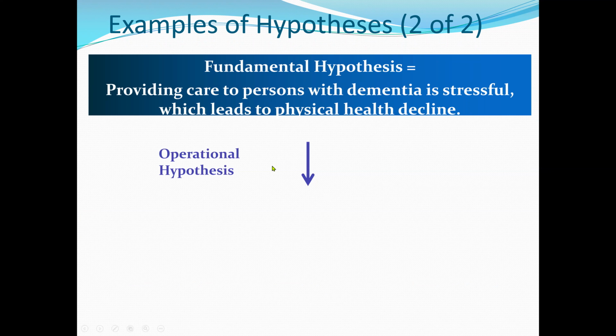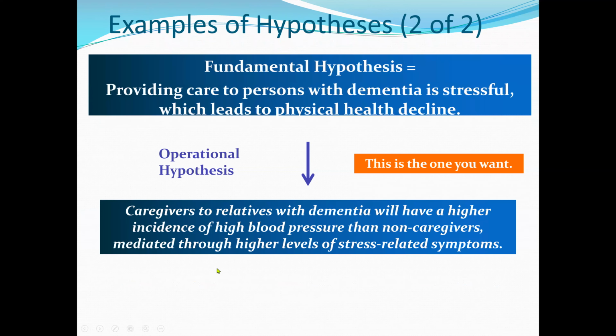And then, providing care to persons with dementia is stressful, which leads to physical health decline. Again, this is another example here. The best way we can say it is caregivers to relatives with dementia will have a higher incidence of high blood pressure than non-caregivers, mediated through higher levels of stress-related symptoms.